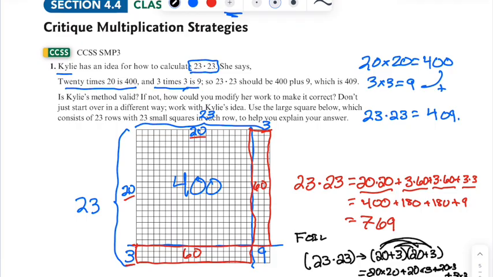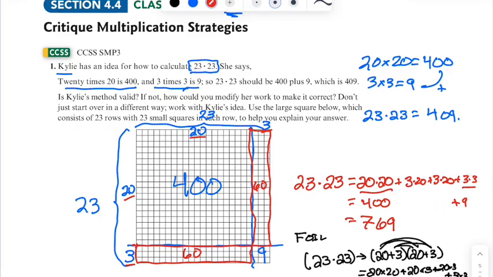I just realized that I made an egregious multiplication mistake above. I accidentally wrote 3 times 60, which was my inside number, and that's not what I meant. I really meant 3 times 20. So let me fix that. When I fix that, these shouldn't be 180.